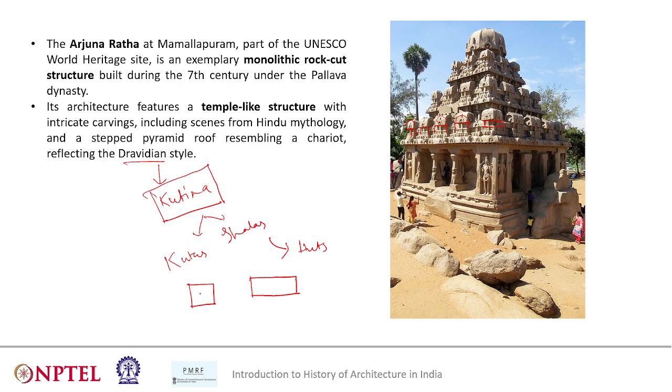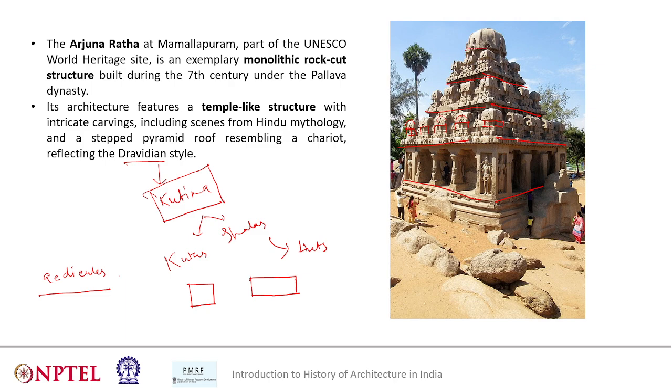These small units form the aedicules, right? They are arranged in a way such that the horizontality of the top part is maintained. Not only the top part, in the entire style, this horizontality is maintained.